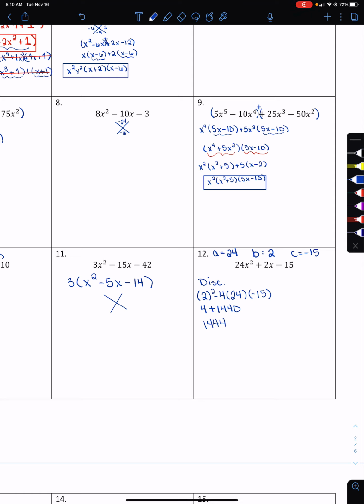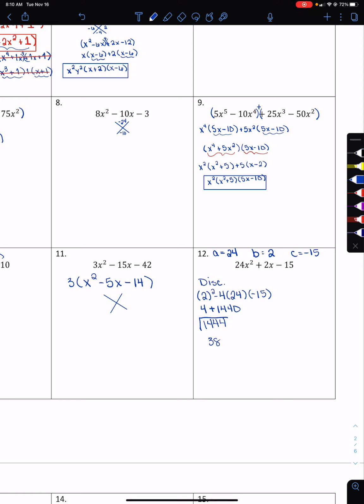So my discriminant is 1,444. Okay. Now we want to see if we can find the square root of that value. We know there's going to be two solutions because it is a positive number. Remember, if it was a negative number, there'd be two complex solutions. Okay, the square root of that is 38.